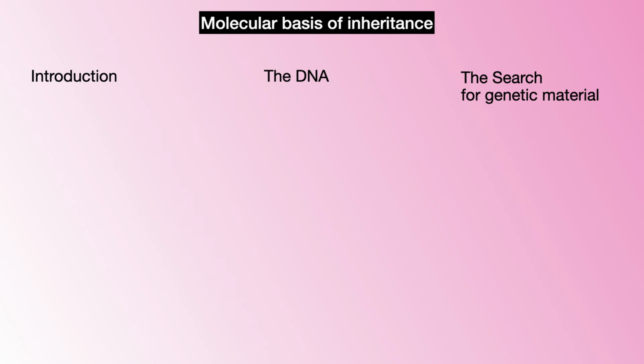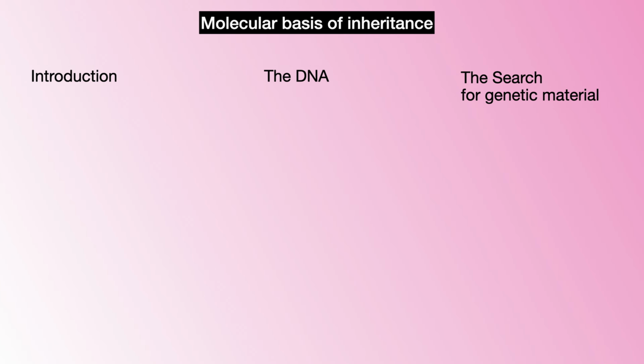The theories and experiments related to the search for the chemical or molecular nature of the genetic material took place before Watson and Crick's model. In 1928, Frederick Griffith conducted an experiment with the bacteria Streptococcus pneumoniae and mice.